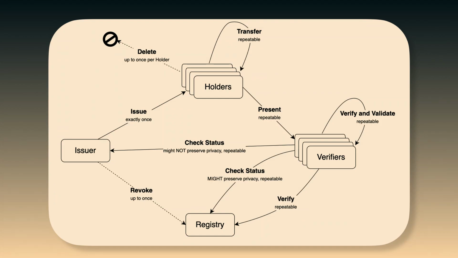And so these are the ugly workflows that I'm going to show you. They're within the verifiable credential spec. I'm showing you them because there's a bunch of silly workflows that we need to think about, both from the perspective of what the audiences, these three different pillars do, in terms of issuing, presenting them to a verifier to make sure that it's there, the registry that's connected to the issuer that allows the validation and authorship to be validated there, as well as the holders being able to delete and transfer the work that's being done if they don't want to hold their digital credential from an institution any longer.